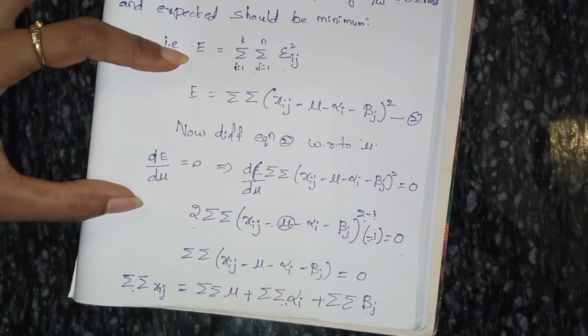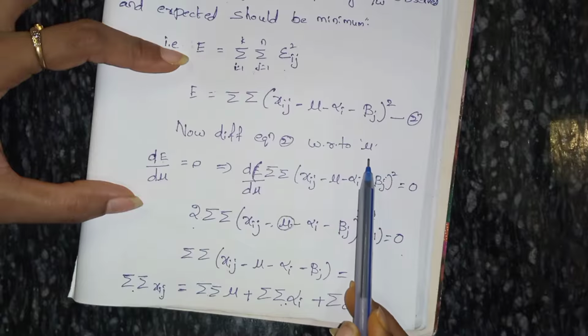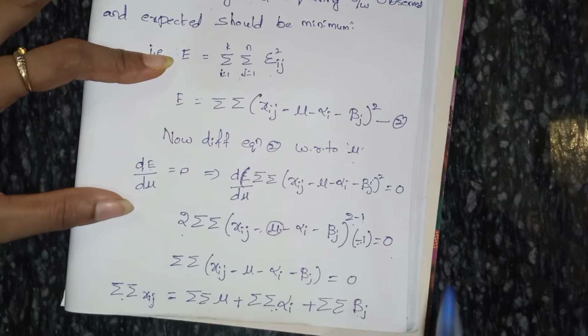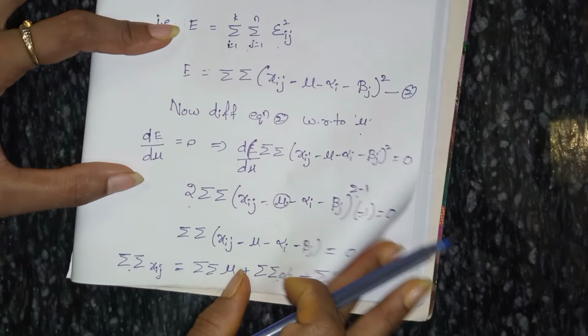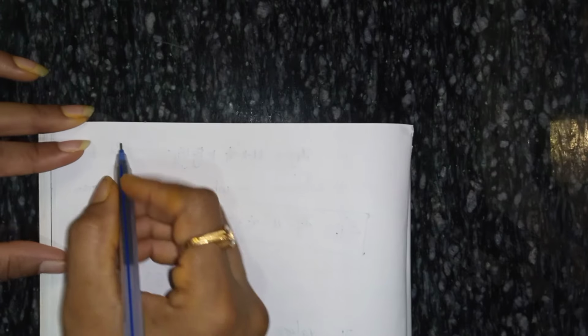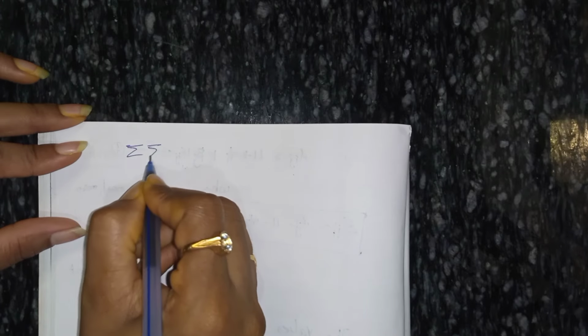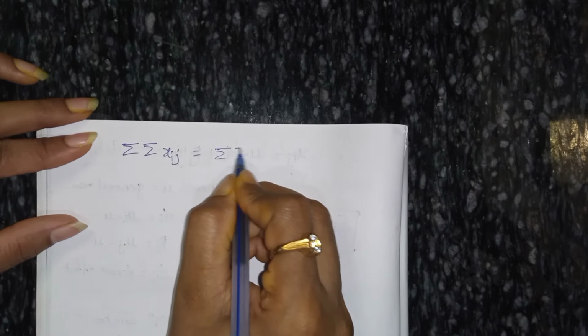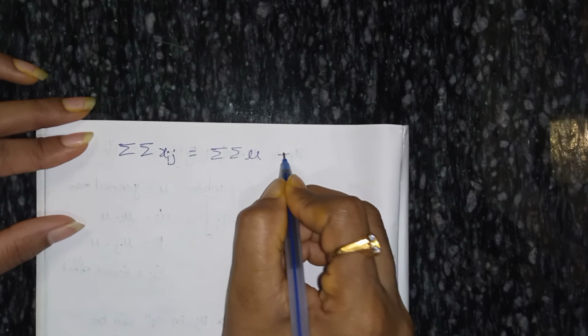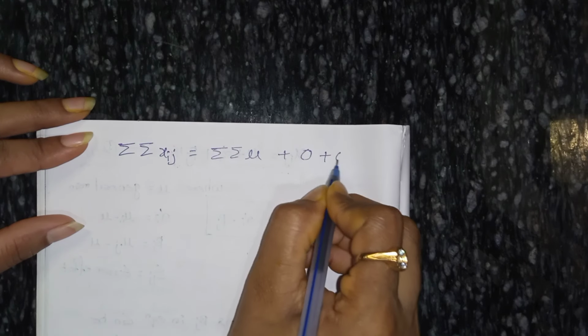See, here we are going to concentrate only on mu. That means the other alpha and beta j values will become 0. So it becomes double summation xij equals double summation mu plus 0 plus 0.